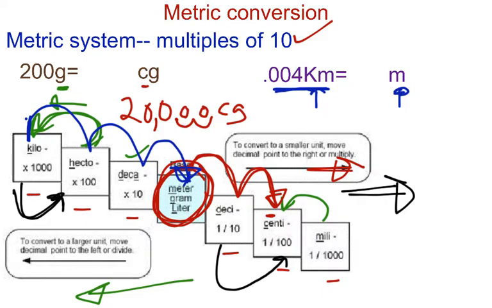We made 3 jumps, 1, 2, 3. So originally we had 0.004, and we go 3 to the right, 1, 2, 3, which gets us 4. So 0.004 kilometers is simply 4 meters.